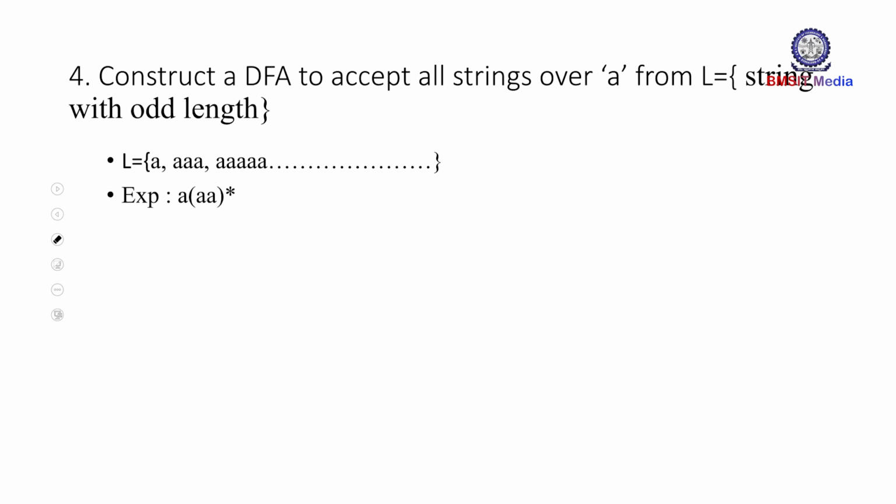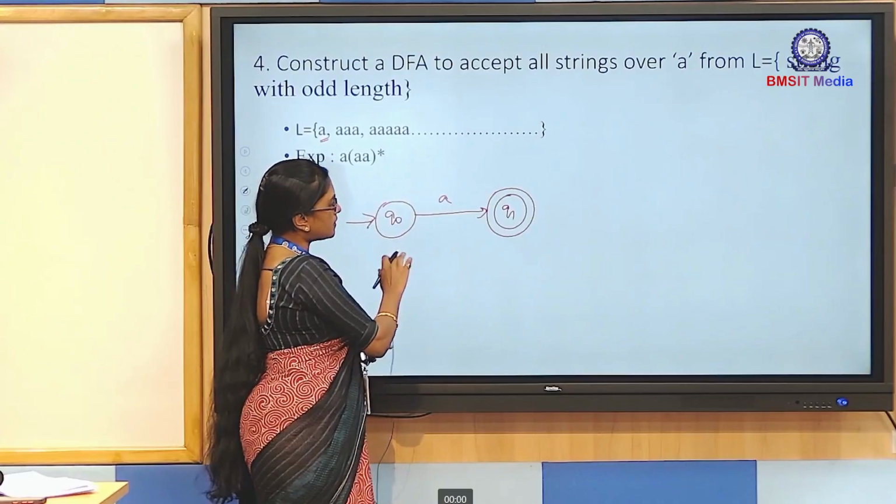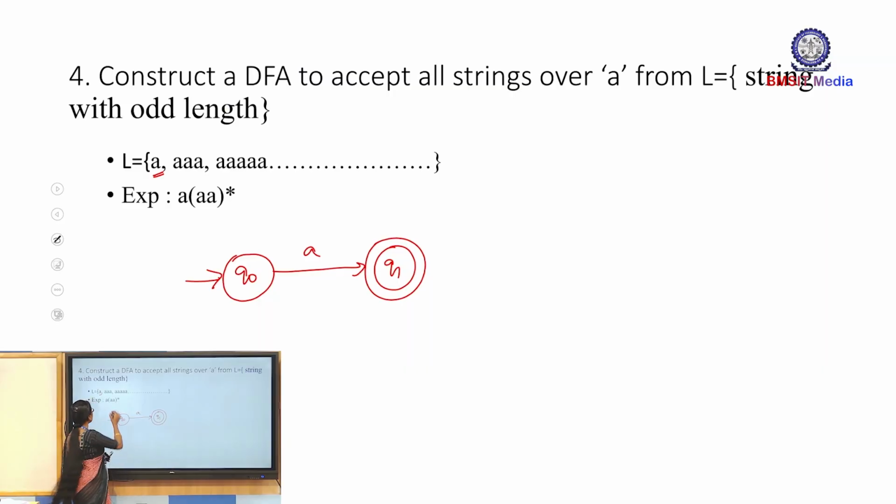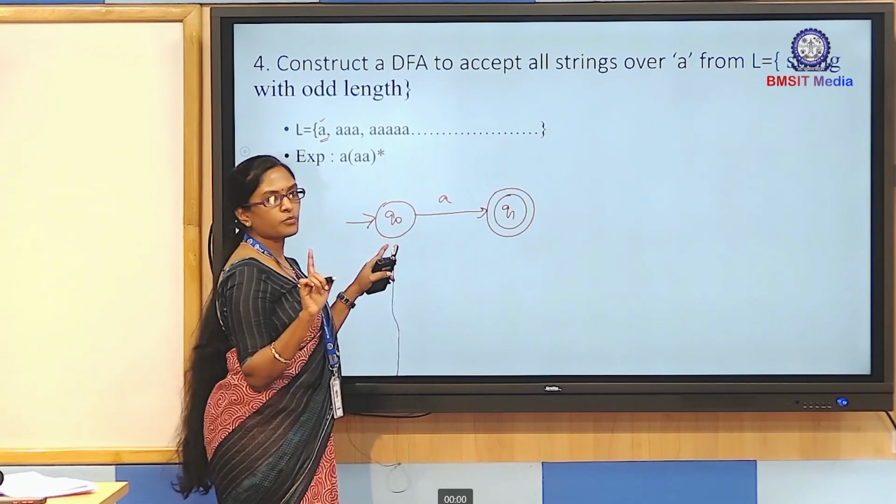To begin with, first construct the DFA for the minimum string, which is A. This construction here accepts 1 A. Now start with Q0. Q0 has already made a transition on seeing A, and here we have only one input symbol.